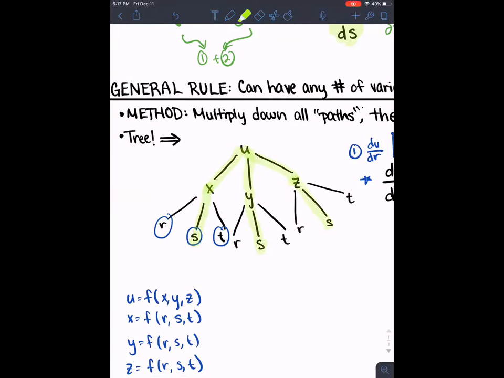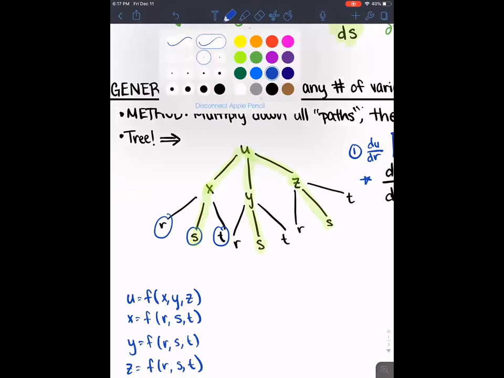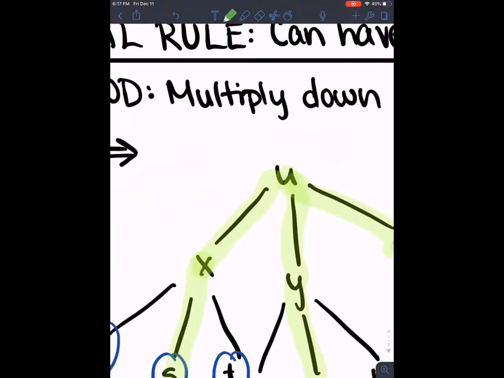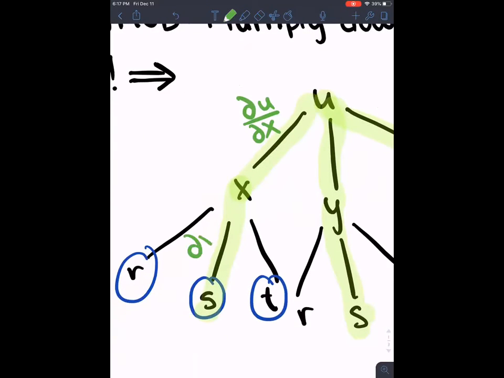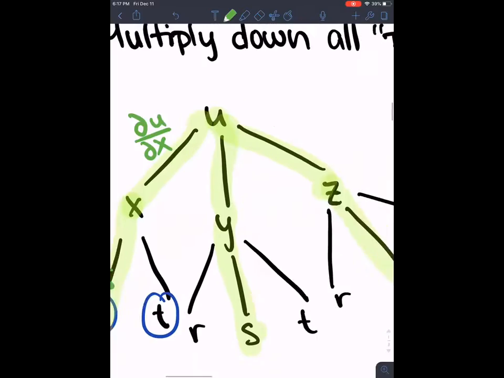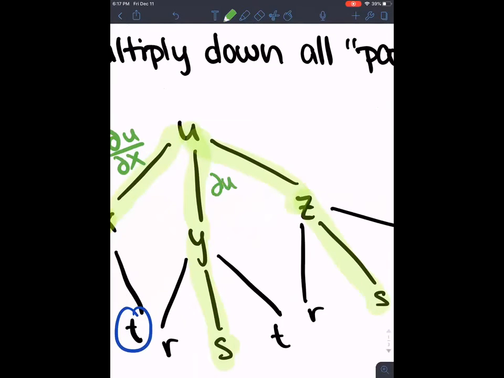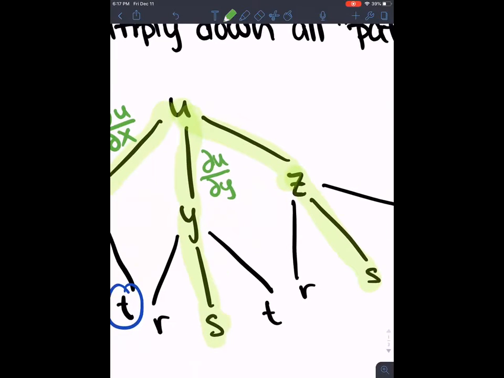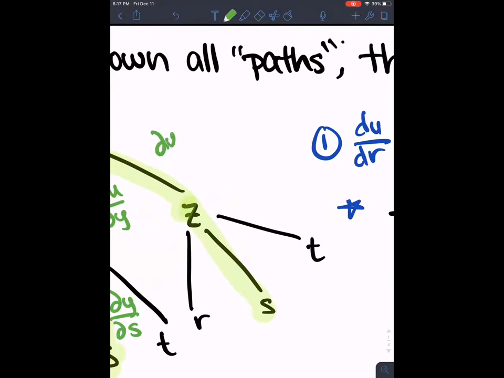So now we take each of these legs and find the partials that make up each branch. This is partial of u with respect to x, this is partial of x with respect to s, partial of u with respect to y, partial of y with respect to s, and partial of u with respect to z, and partial of z with respect to s.